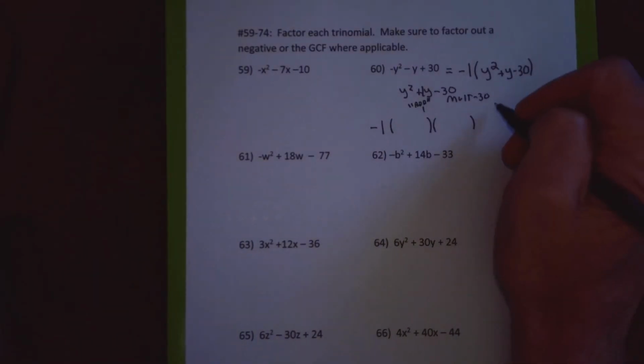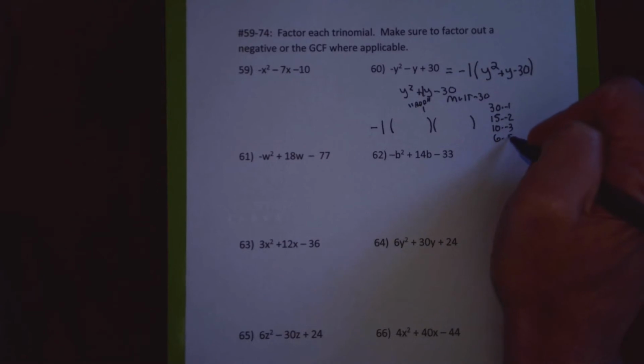And my choices for 30 are 1 and 30, 15 and 2, 3 and 10, and 6 and 5. So big number plus, it could be 30 and -1, 15 and -2, 10 and -3, 6 and -5, because all of those multiply out to be -30.